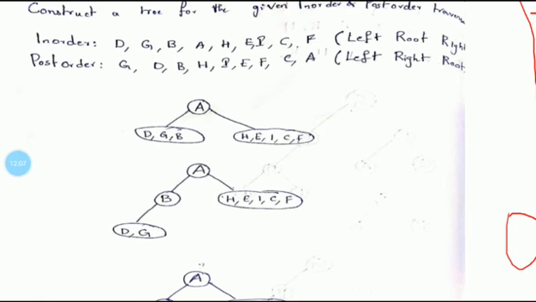In the in order sequence, to the right of D, G is there. So that's why G is placed to the right of D. So with this we can cover the left part, or left subtree, of root node A.